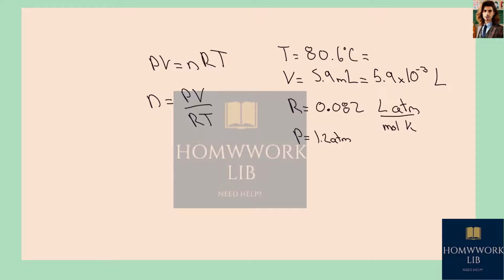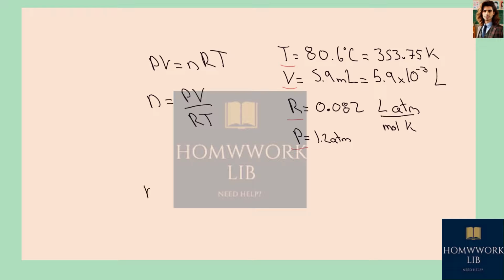The temperature needs to be in Kelvin, so you simply need to add 273.15 to our value. That gives us a temperature of 353.75 Kelvin. And these values are the ones that we can plug in directly into our equation.